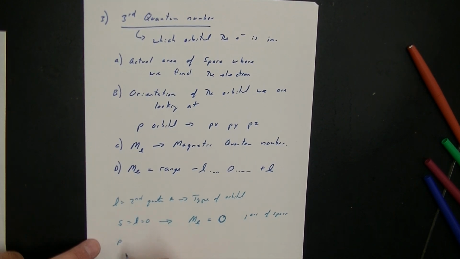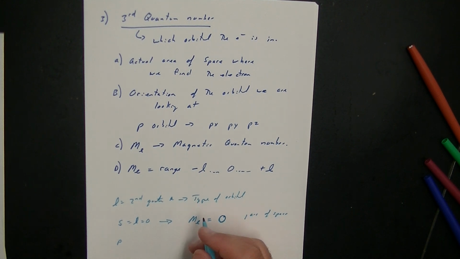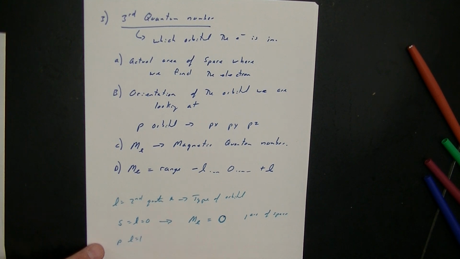Well, what if we have P's? In P's, L is equal to 1. Remember, mL is equal to negative L, 0, positive L. So in P's there are 3 orbitals, and they're just named -1, because that's negative L, 0, and plus L, plus 1.